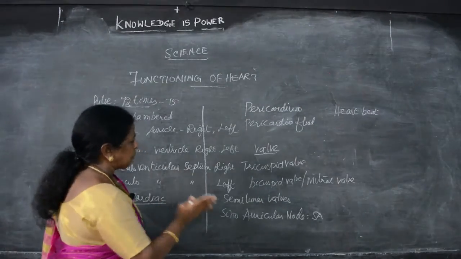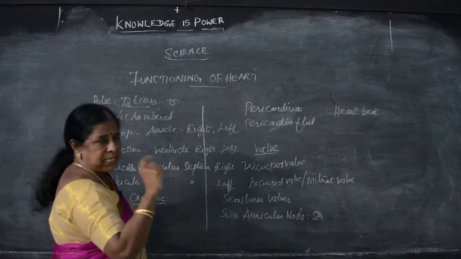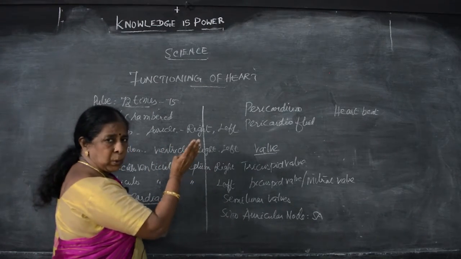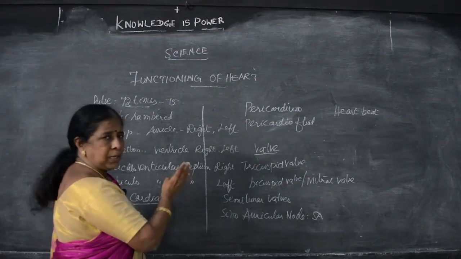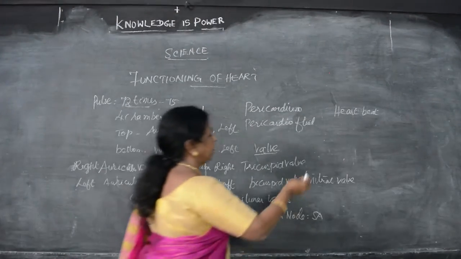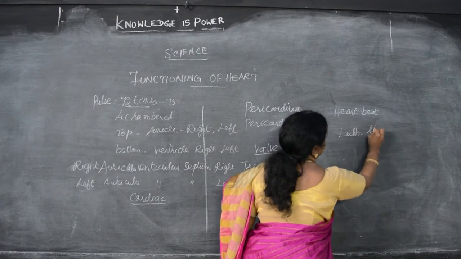When the blood flows from the ventricle to the auricle, the valves carrying the blood open, left and right, receive the blood and close. When they open, they give a sound, that is lub, the longer sound.